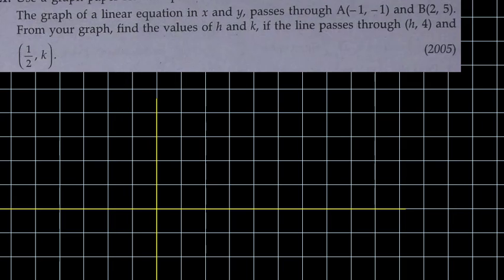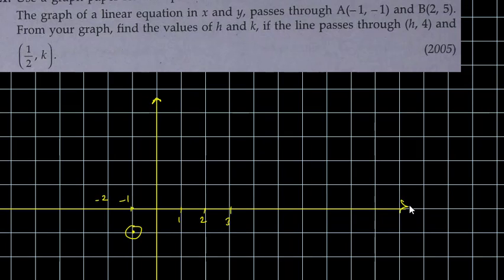So this is our graph paper with x axis and y axis. Now on this graph paper we have 2 points. One is -1 comma -1. Here we can mark 1, 2, 3 and so on, and on this side -1, -2 and so on.